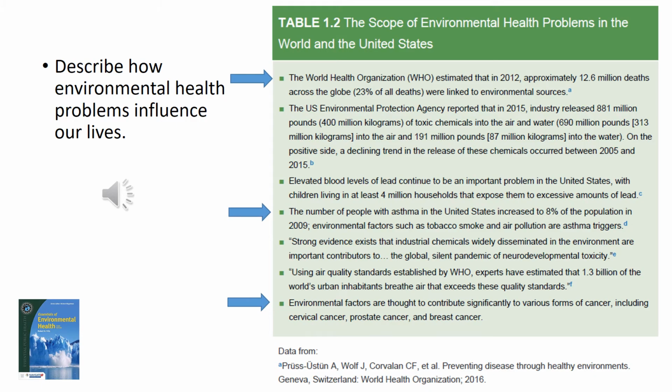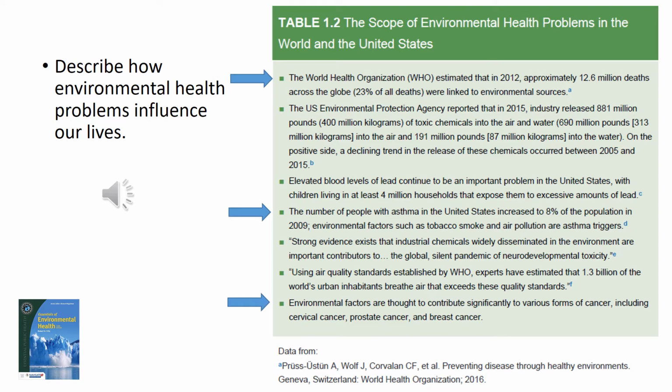From page 49 of the text, the World Health Organization estimated that in 2012, approximately 12.6 million deaths across the globe, 23% of all deaths, were linked to environmental sources. The number of people with asthma in the United States increased to 8% of the population in 2009. Environmental factors such as tobacco smoke and air pollution are asthma triggers.